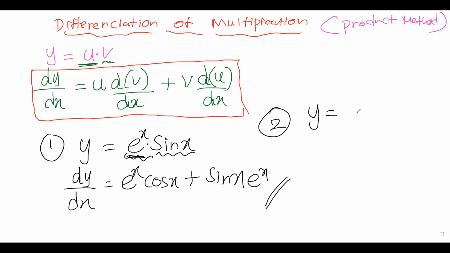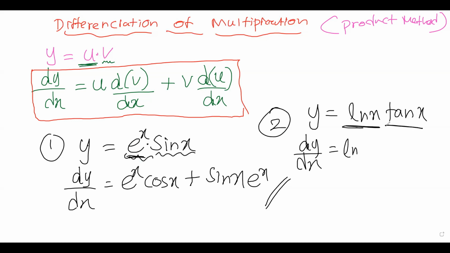One more. If I take ln x tan x, now tell me dy by dx equals what? There are two variables. Can you identify ln x and tan x?